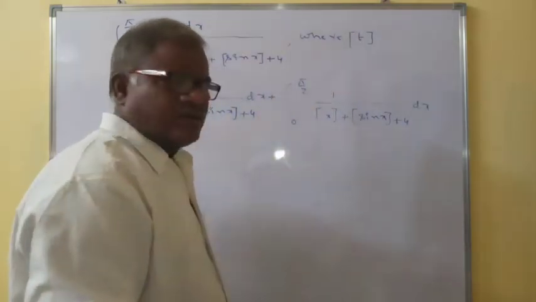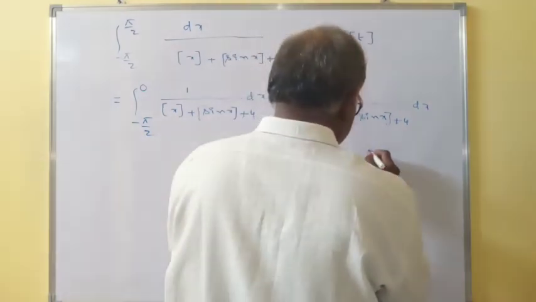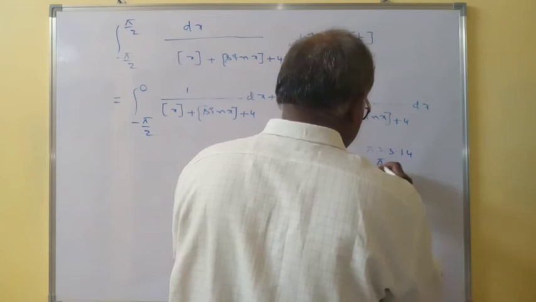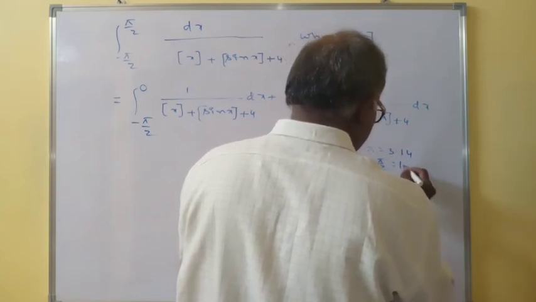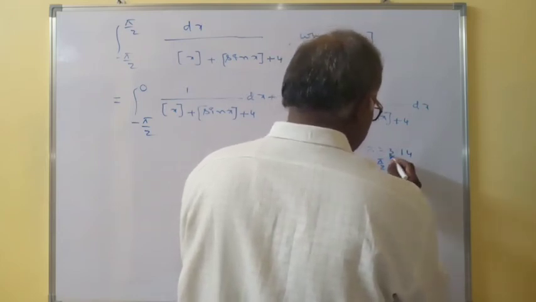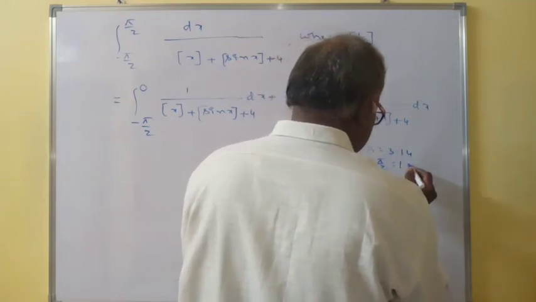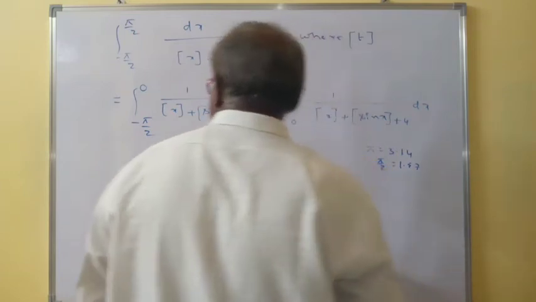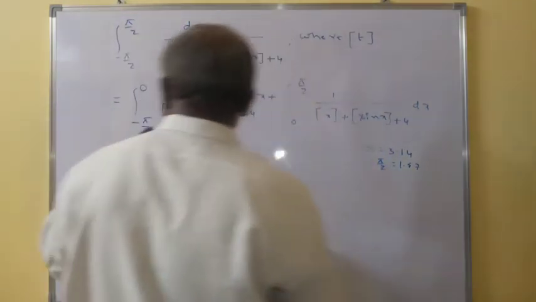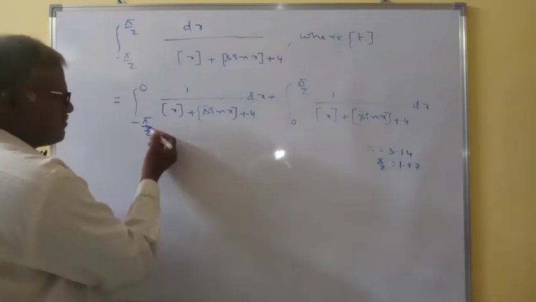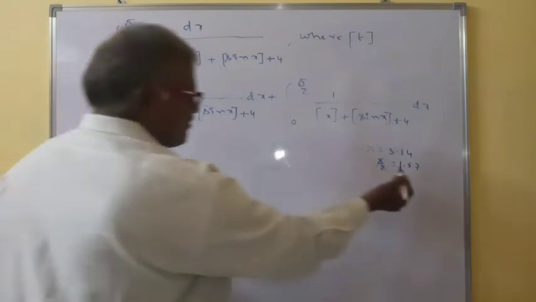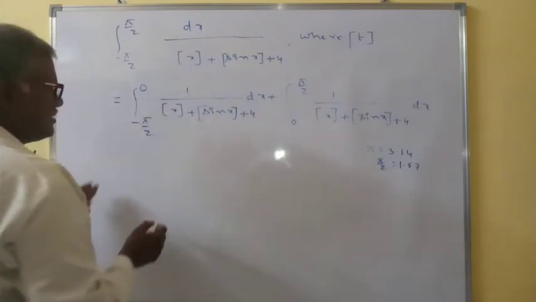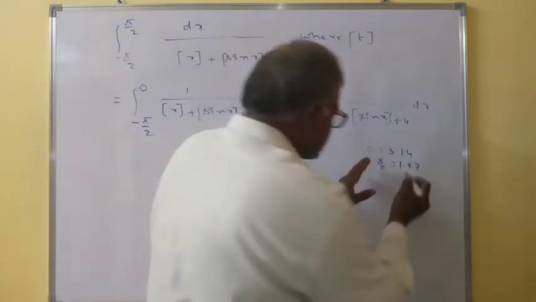Originally, this pi value is nothing but 3.14. So pi by 2 is nothing but 1.57. So, for suppose, minus 1.57 to 0, in this interval this becomes some integers.